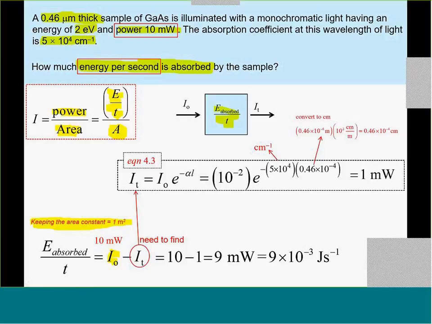You can calculate how much energy has been absorbed per second. And now let's go one step further to know how many photons are being given out per second.